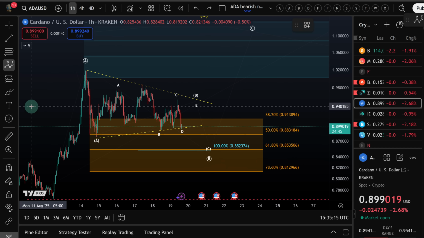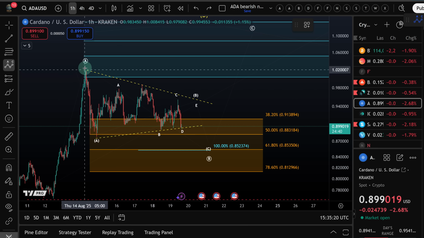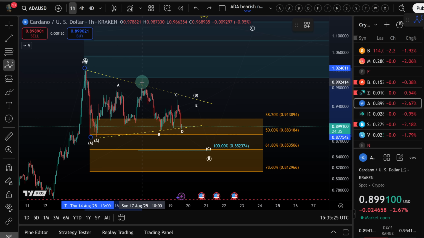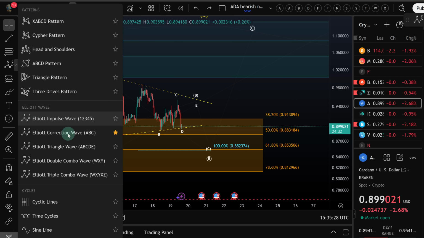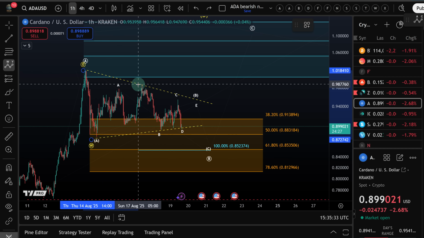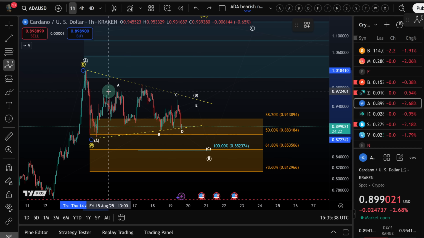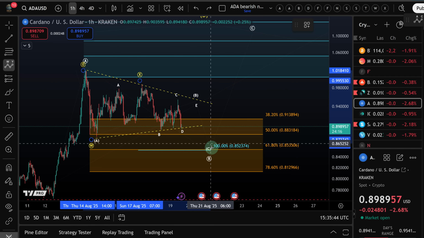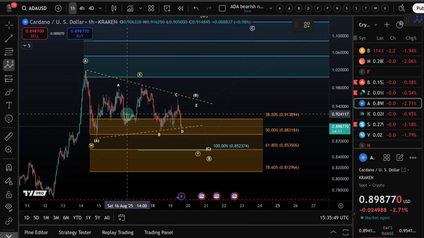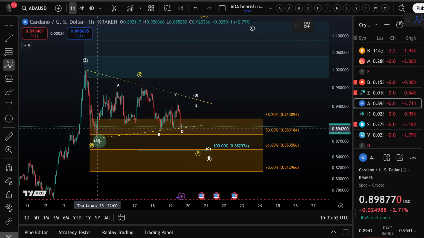Another pathway I can think of, and I'm only going to show you two, is just a standard ABC structure here, so that we have an A wave down. I'll change the color in a minute. This would have to be, oh, hold on, probably rather a WXY. The thing is, if it's a WXY structure, it doesn't work so well, because the initial move down looks more like 5 waves.